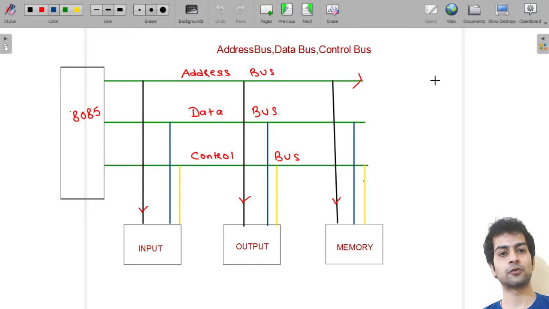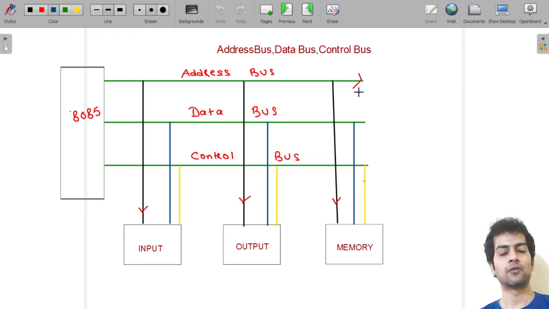There I will take you in depth on what exactly happens in the microprocessor, how multiplexing is done, and why the data bus acts as bidirectional. But here you just remember the role of the data bus.